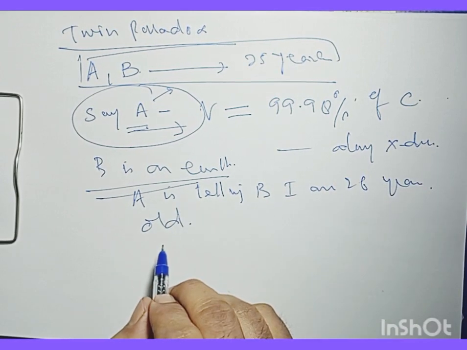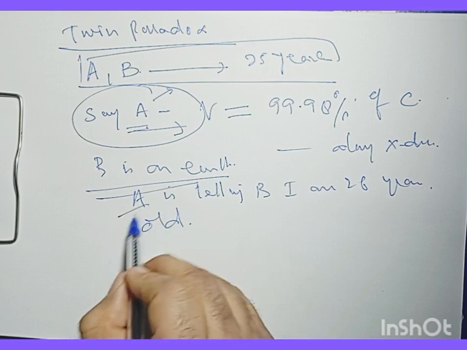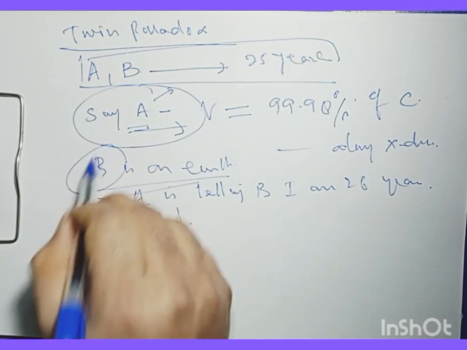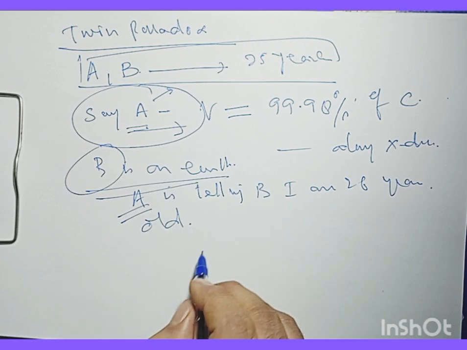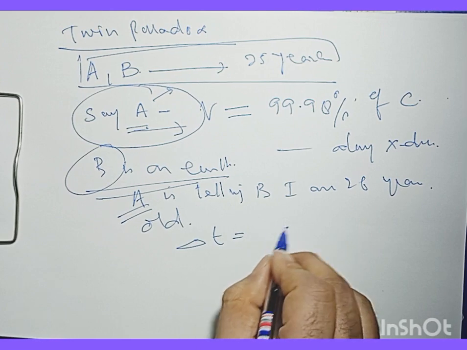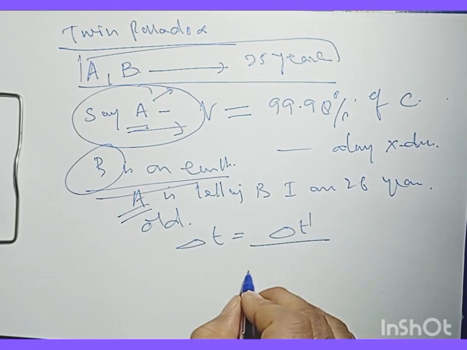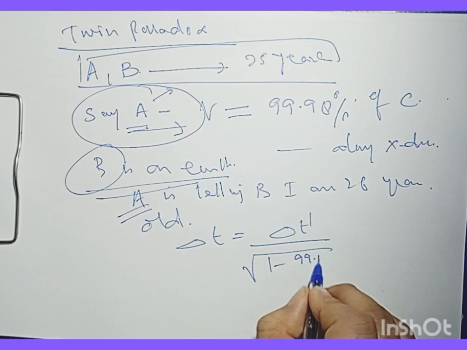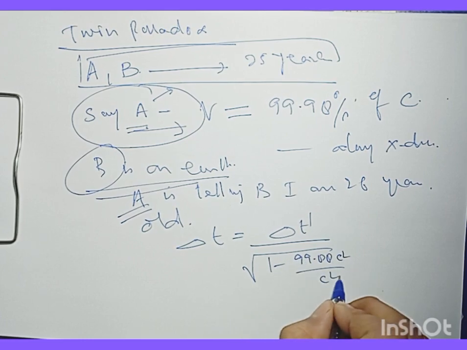Now the question is, what is the age of A as measured by B according to time dilation? So we can calculate that age by the equation that we obtained. Delta t is delta t dash by under root of 1 minus v square by c square, that is 0.9998 c square by c square.